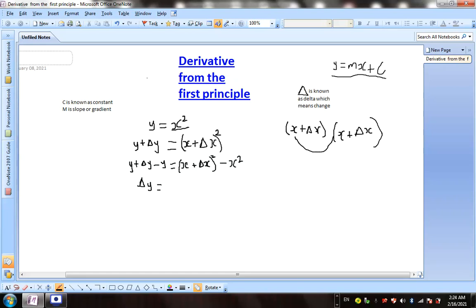So x times x, you will have x squared. x multiplied by dx, you will have plus x dx.